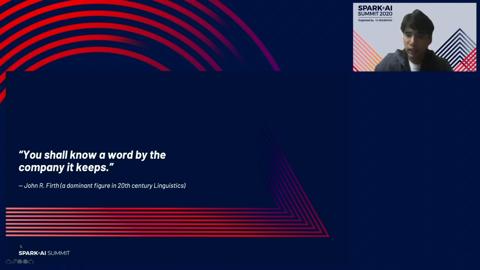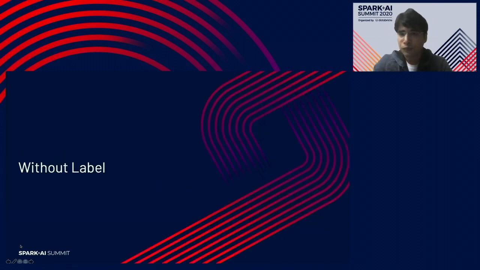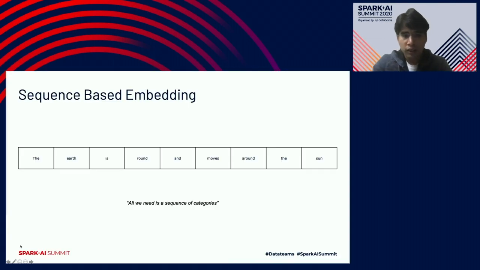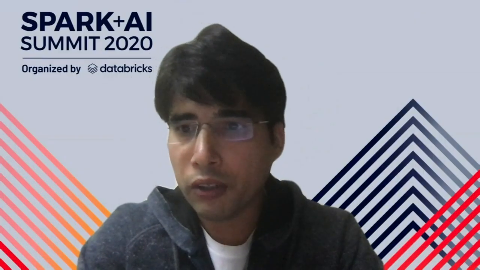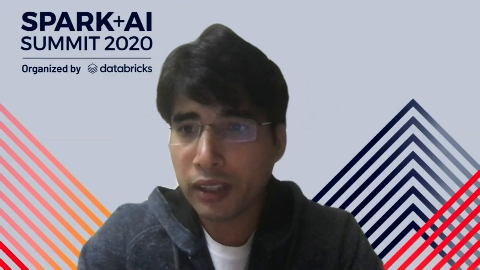So there are two key things that we need to remember in terms of learning embeddings. One is context word and other is target word, right? So if I take the example, the earth is round and moves around the sun. This is a simple sentence, right? We are not looking to learn these embeddings using a target variable.